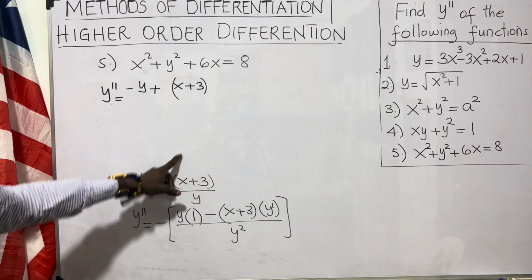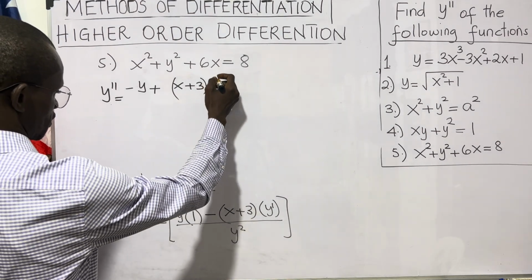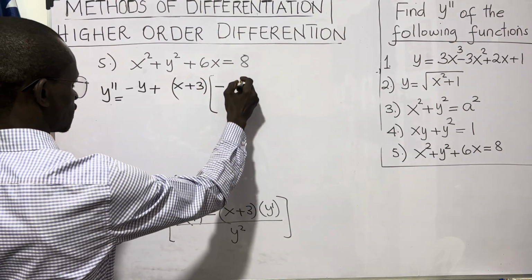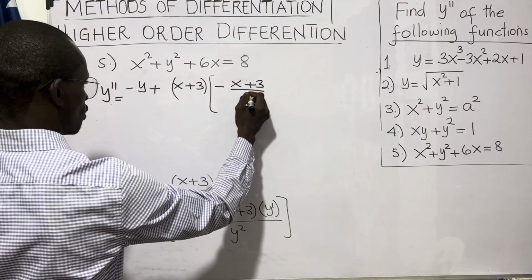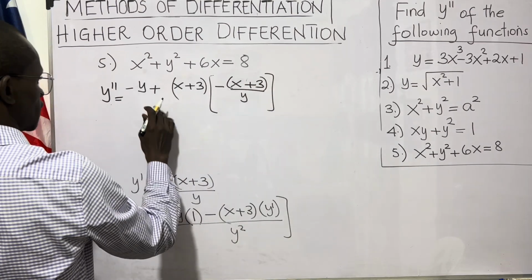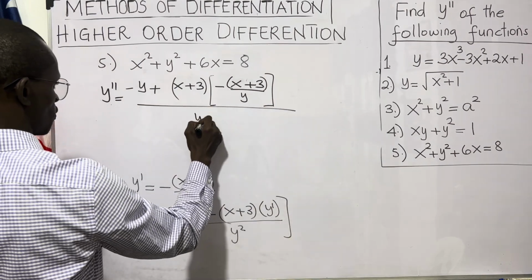So this is our y prime. So we need to bring in y prime, which is now negative x plus 3 all over y. And then we can say this whole thing is divided by y squared.